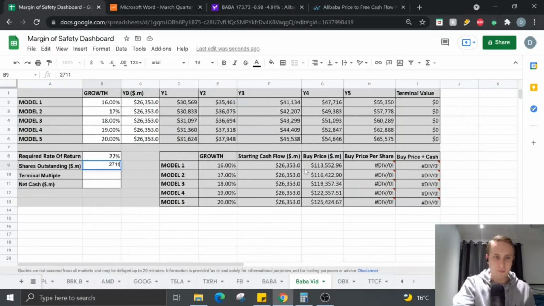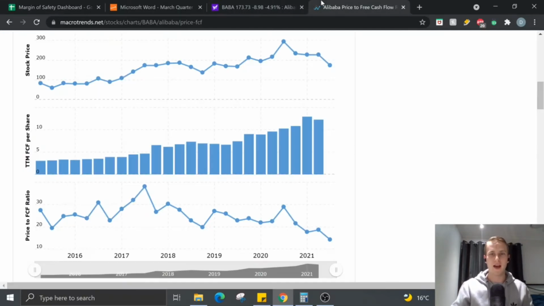So there's 2,711 millions within 2.7 billion. And then we're going to need a terminal multiple. Now, how do we get that? Well, usually the best way to get a terminal multiple is to use a price to free cash flow ratio.